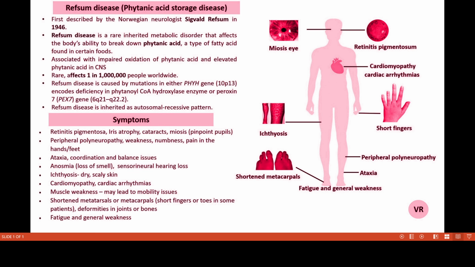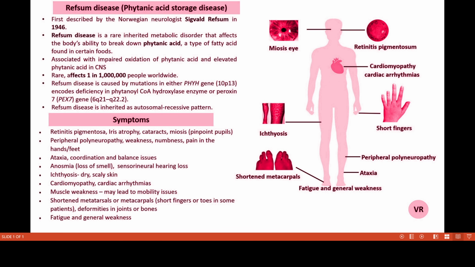The disease was later linked to the accumulation of phytanic acid, a branched chain fatty acid, due to a metabolic defect. So Dr. Sigurd Refsum is credited with first identifying and describing the disease that now bears his name.